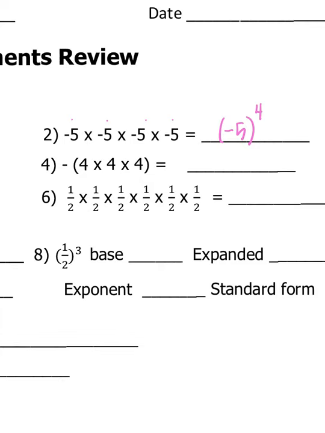Now if you look directly below it, number 4, it has a negative in front of the parentheses. So that negative in front of the parentheses is just going to stay there. We're always going to just rewrite that negative, and it's going to be -4 to the third power.